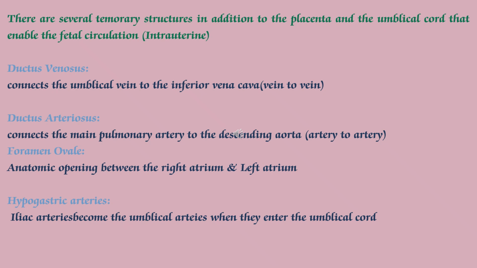Next is the ductus arteriosus, which connects the main pulmonary artery to the descending aorta. This is between arteries. Next one is the foramen ovale, an anatomic opening between the right atrium and left atrium. Next, hypogastric arteries. The iliac arteries become the umbilical arteries when they enter the umbilical cord.